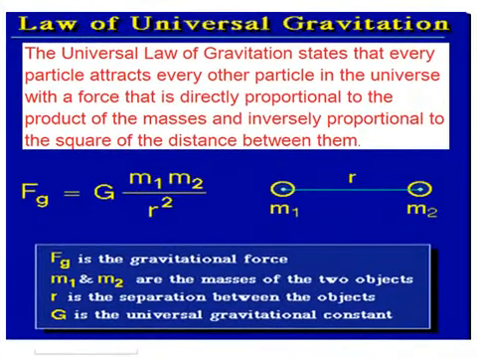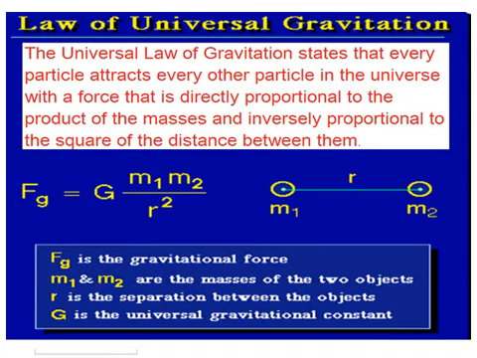Now, let us go and analyze the law which is given by Newton regarding gravitation. This law is known as the law of gravitation. What is the statement given by Newton regarding this law? It's a very important statement.